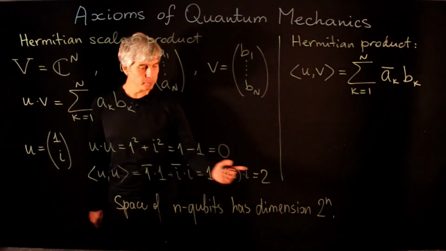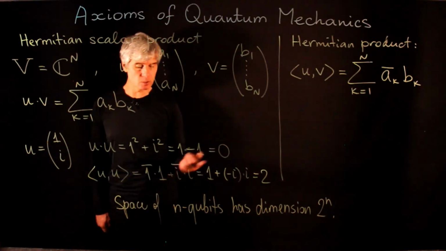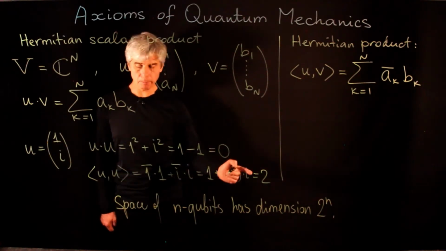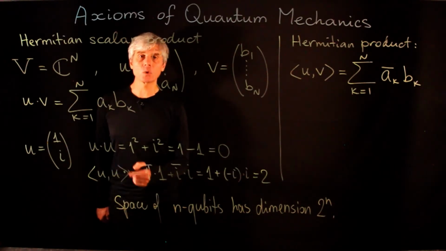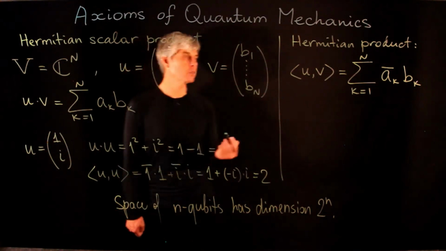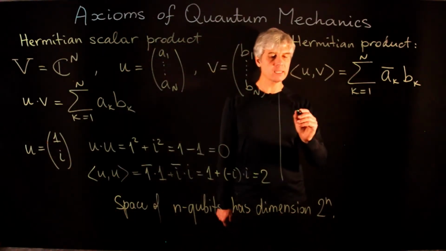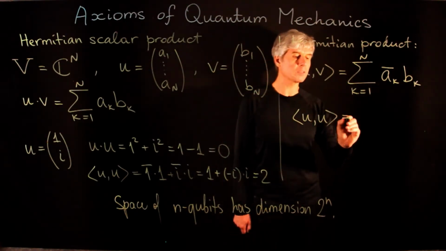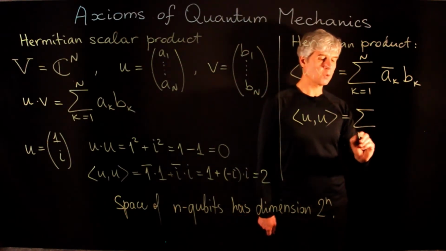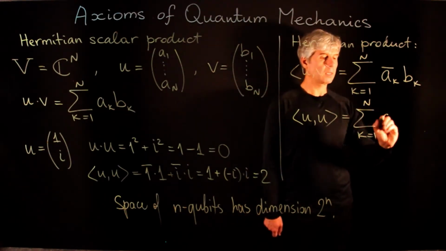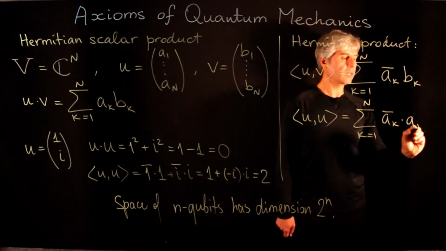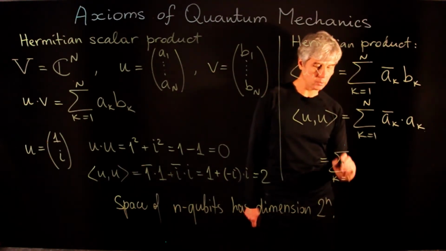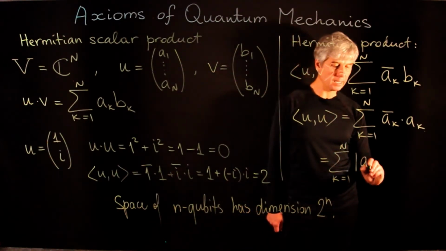And now this nice property is restored. So now the Hermitian scalar product is positive, and this vector is no longer perpendicular to itself in the Hermitian sense. And we can easily see that the general formula of a Hermitian scalar product of a vector with itself will be the sum k goes from 1 to n of a_k bar times a_k, but this is the sum of the norm of a_k squared.